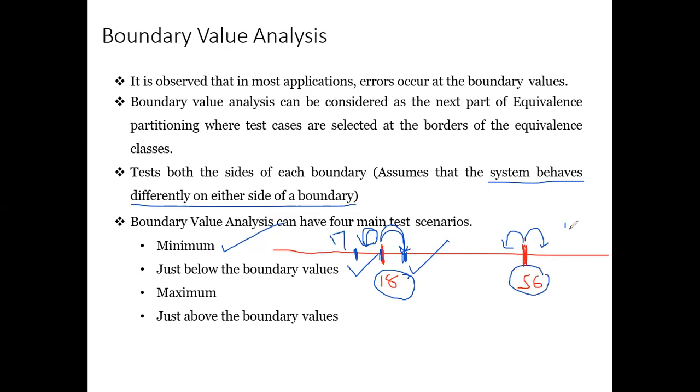Just above the maximum, that is 57. And also, there are two more actually: just above the minimum, that is 19, and just below the maximum, 55. Right? Likewise, we have to look at both the sides of each boundary. This is important.